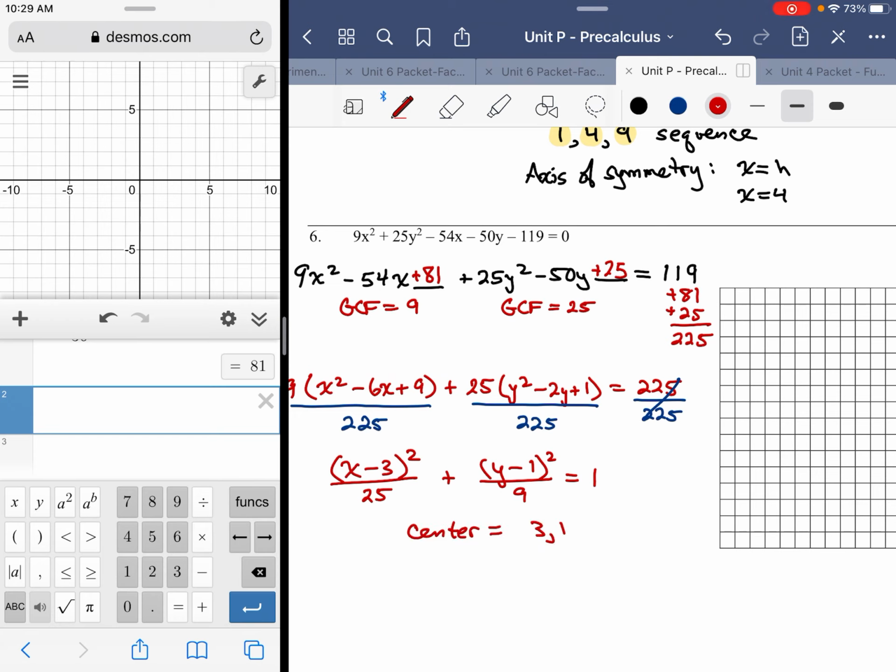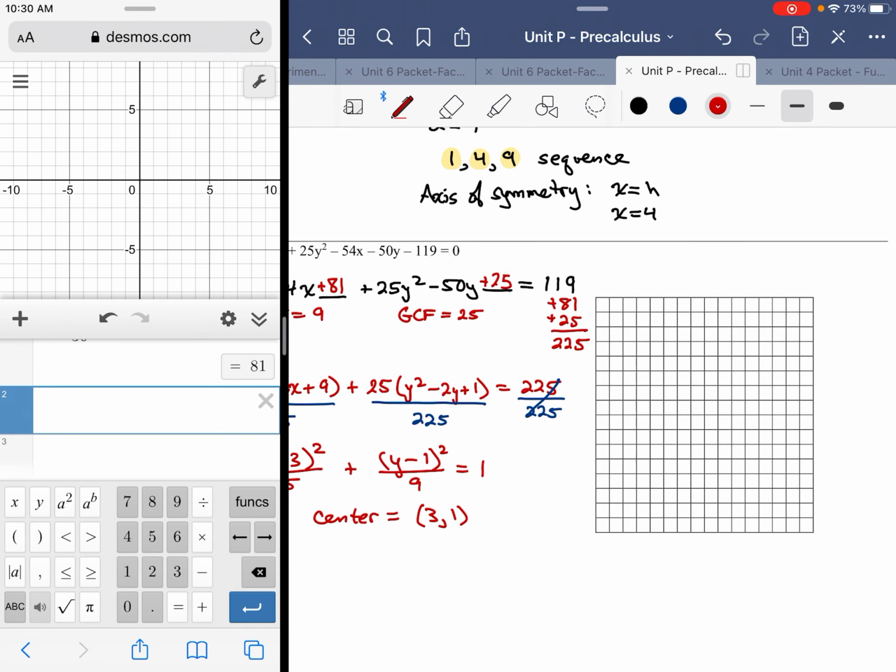The center is going to be 3, 1. So I'm going to make my axes. I'll reorganize it a little bit, make it look a little nicer. So 3, 1. Then I'm going to go left and right 5, and up and down 3, and I'm going to draw my ellipse.